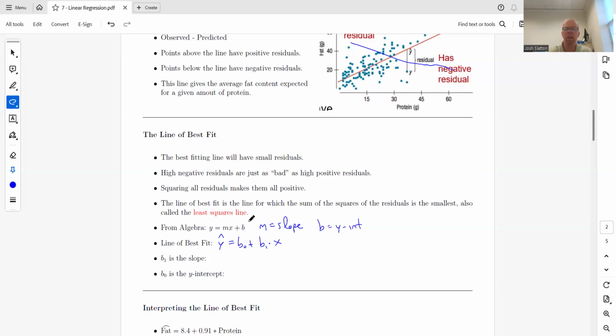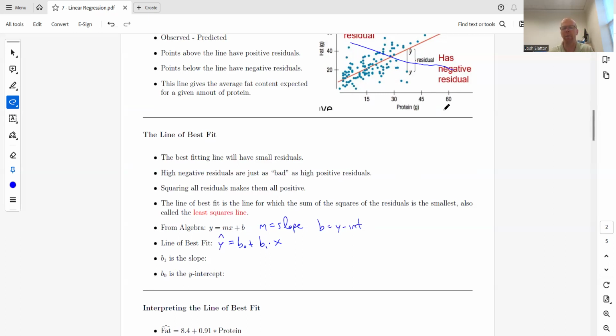The reason we do it in this order is that there is a chapter in this book that we're not going to cover, on multiple regression. You could have other x values that you're trying to use to make a prediction of fat. So maybe you have protein, maybe you have sodium, maybe sugar content, something like that.